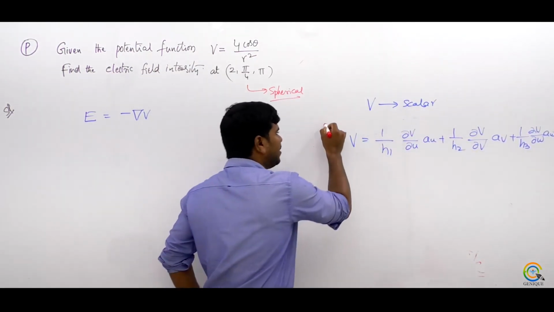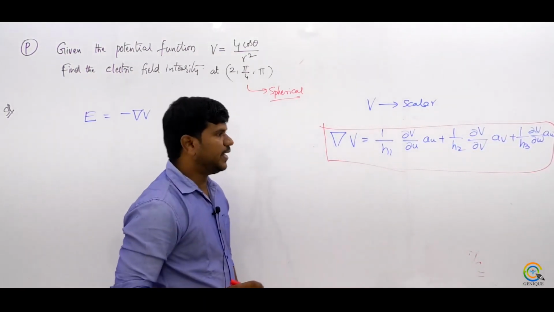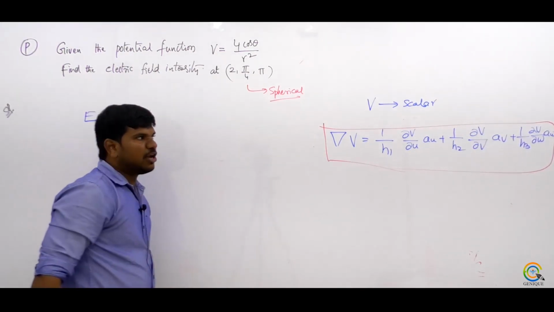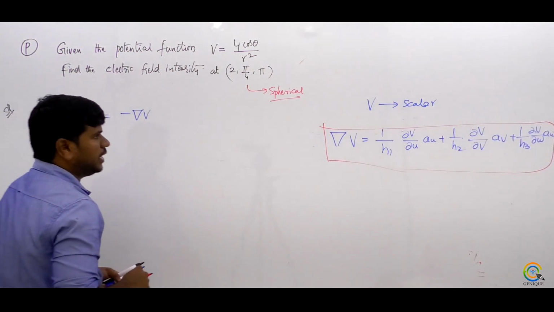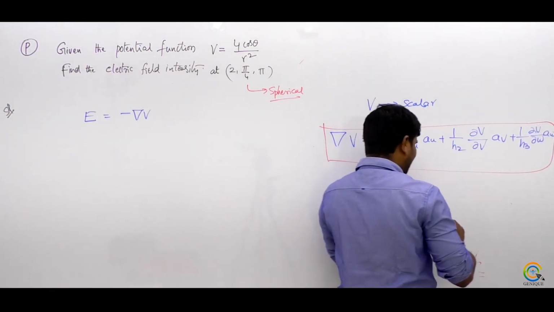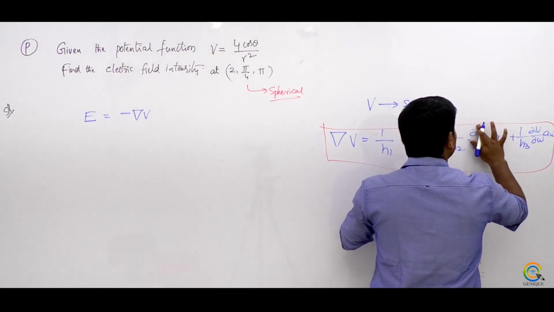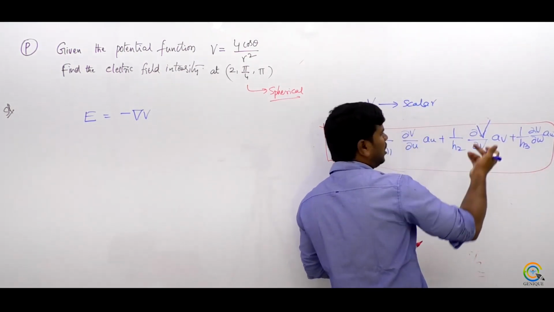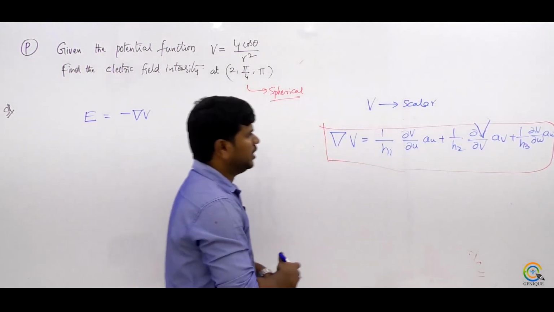It is very important and useful everywhere. It can be applied for any coordinate system. Here V is a scalar; write it as a big V, or take any other notation.